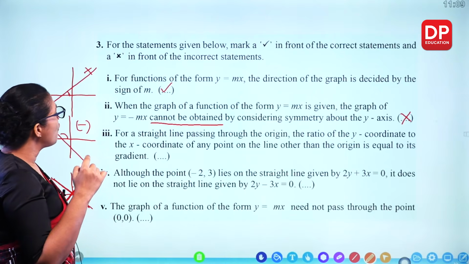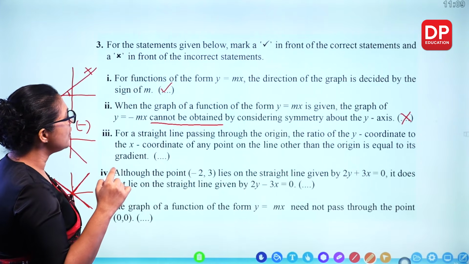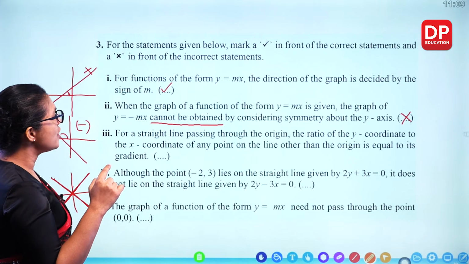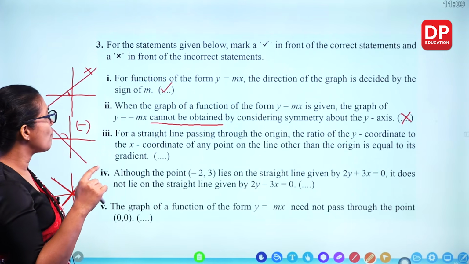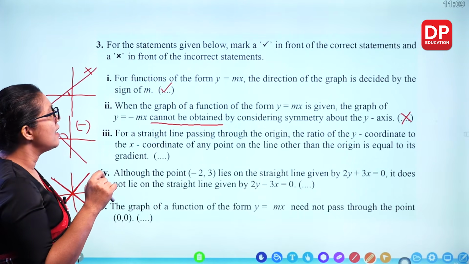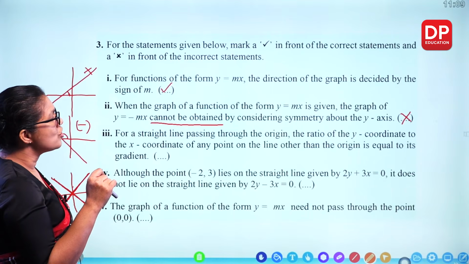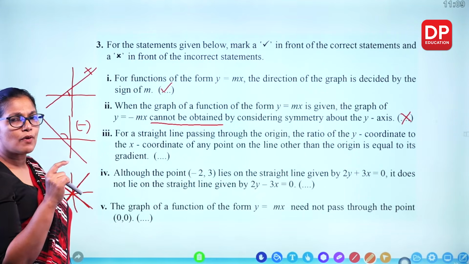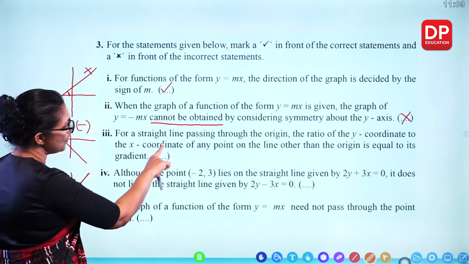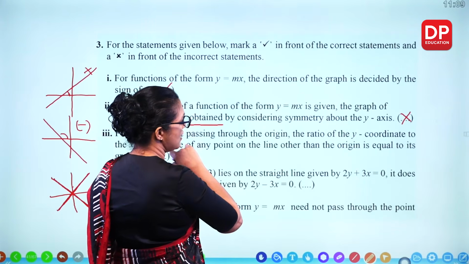Third one, for a straight line passing through the origin, the ratio of the y coordinate to the x coordinate of any point on the line other than the origin is equal to its gradient. What does it mean?